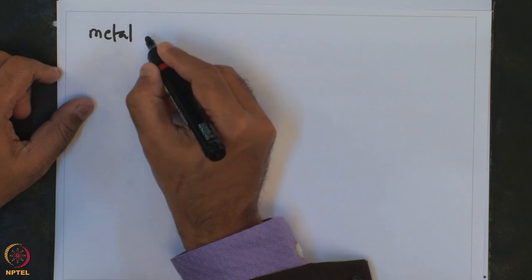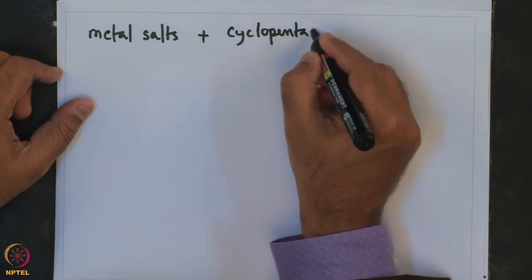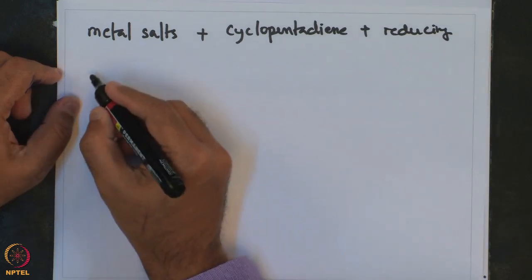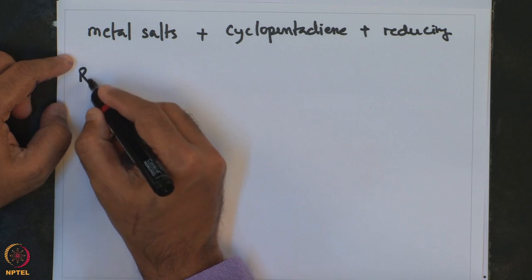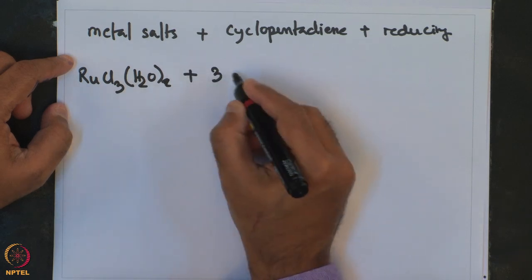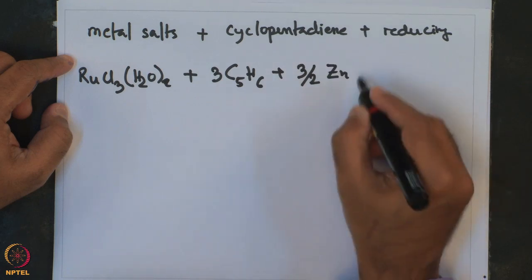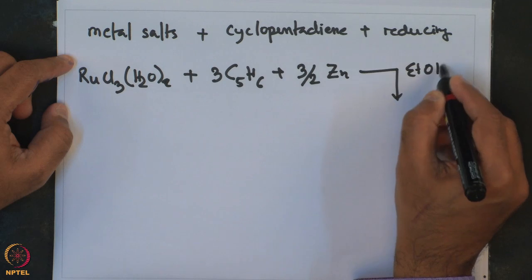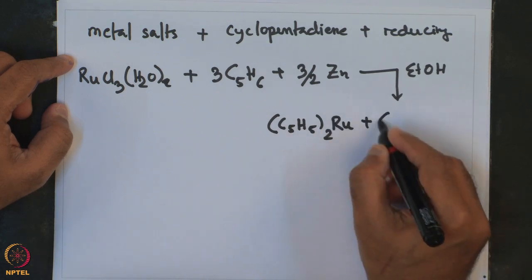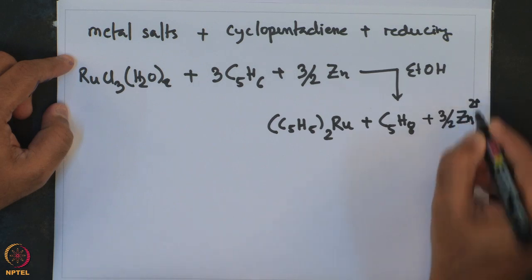For example, this strategy involves metal salts plus cyclopentadiene plus a reducing agent, and the reaction is given as: metal salt plus three C5H6 in the presence of a reducing agent like zinc in ethanol gives ruthenium plus C5H8 plus zinc salt.